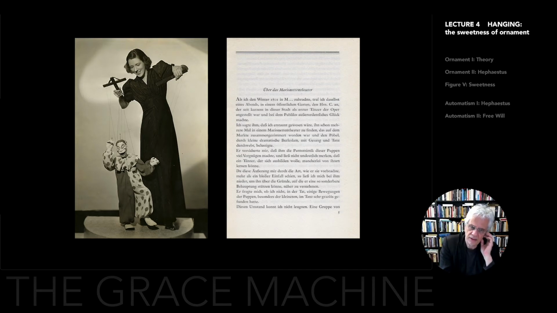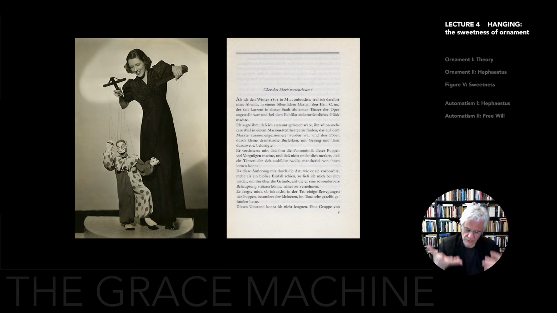But it does use the word Anmut quite often, and it also uses another word, grazie, which are not exactly the same in German. Grazie is closer to Gnade, or is a slightly different form of Anmut.